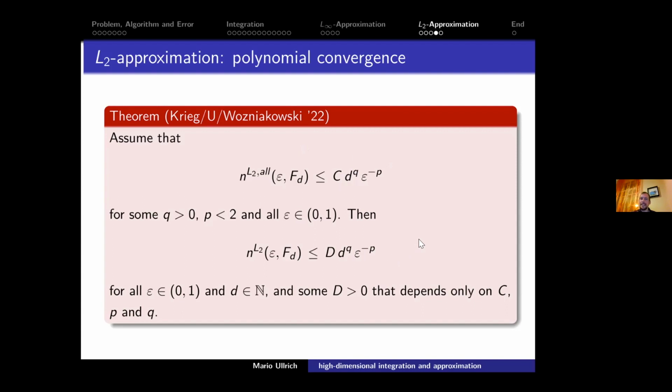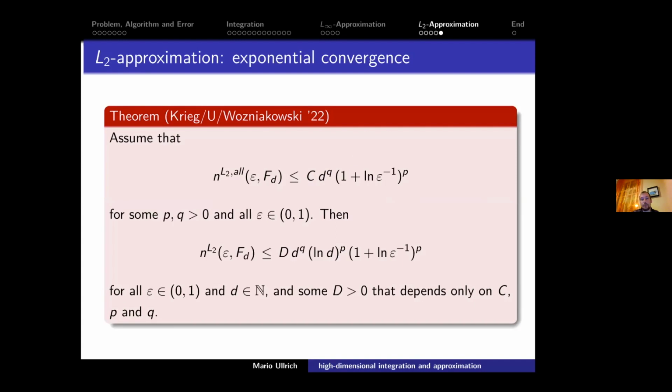Okay, so that's about the polynomial convergence. And what I think is even more interesting is this exponential convergence setting that we already discussed a little bit earlier, for infinite smoothness. So if you have a class of functions such that the number of function evaluations only depends logarithmically on 1 over epsilon.